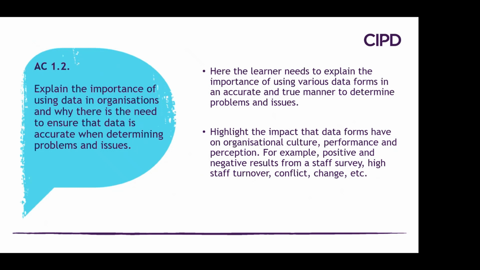This could be descriptive, diagnostic, predictive, prescriptive. You need to highlight the importance that the data forms have on organisational culture, performance and perception. For example, positive and negative results from staff surveys, high staff turnover, conflict, change, etc.